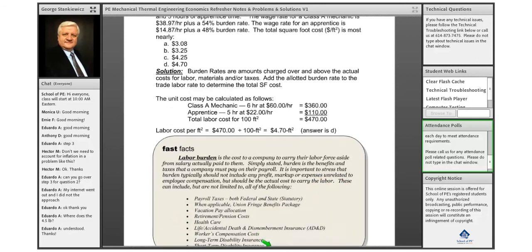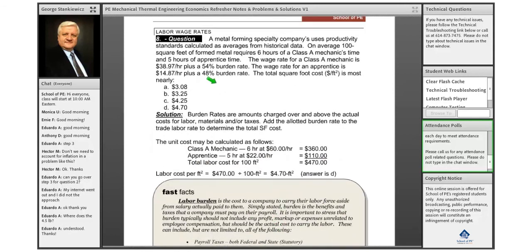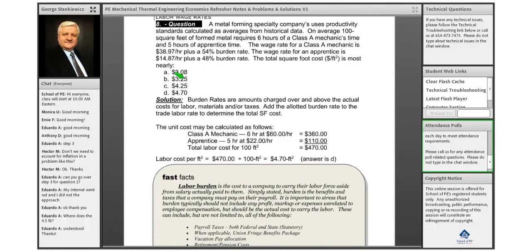It's about 54% here as stated, and more likely in that range. So we have a Class A mechanic at 38 plus 54%, which is equal to $60 an hour. Apprentice is $22 an hour with the burden rate in it, and you divide that out, and so it's $4.70 per square foot.